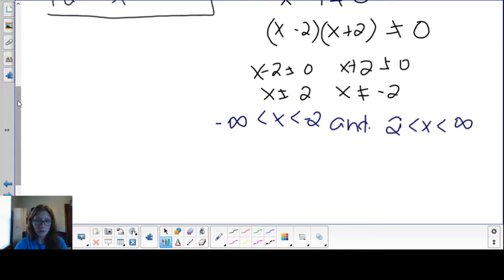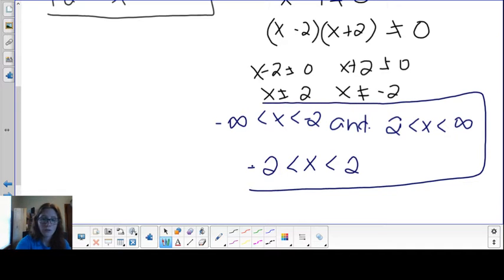So we want also between negative 2 and 2. So technically in this one we have 3 answers.